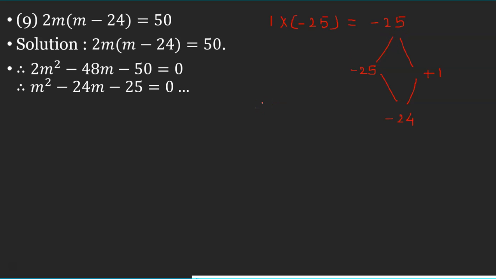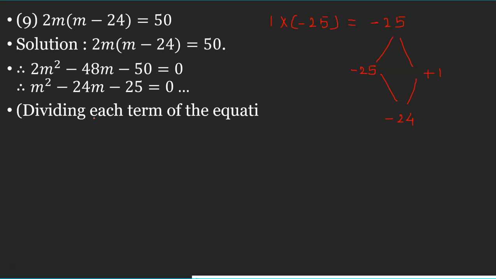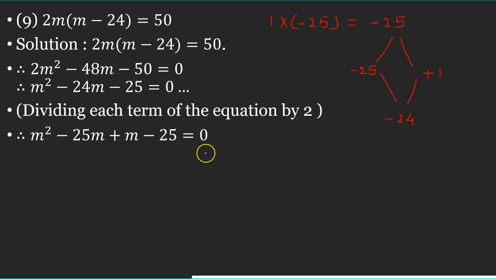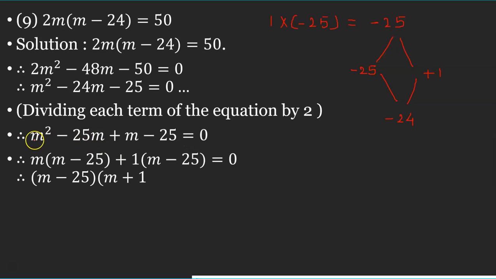Therefore, this minus 24 can be written as minus 25m and plus m. Therefore m square minus 25m plus m minus 25 is equal to 0. If we take m as common from the first two, we get m, and in bracket m minus 25.